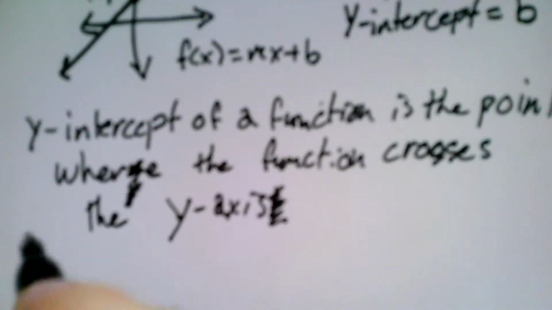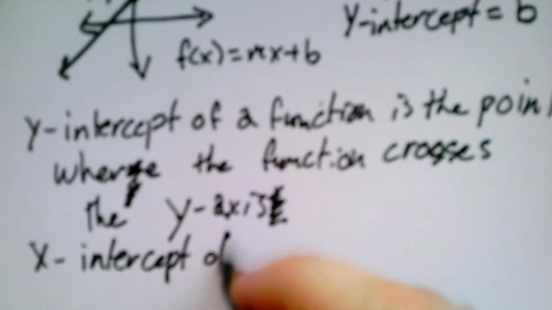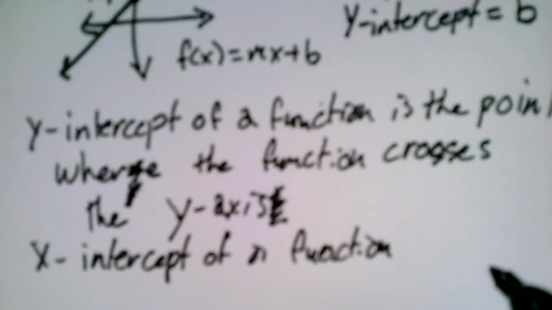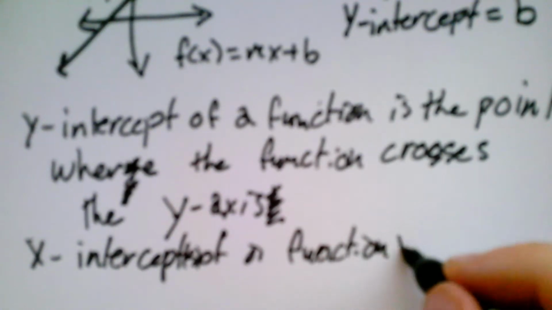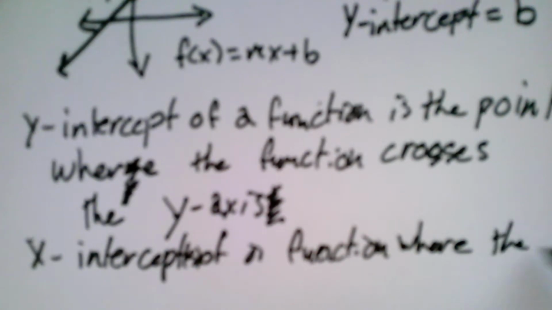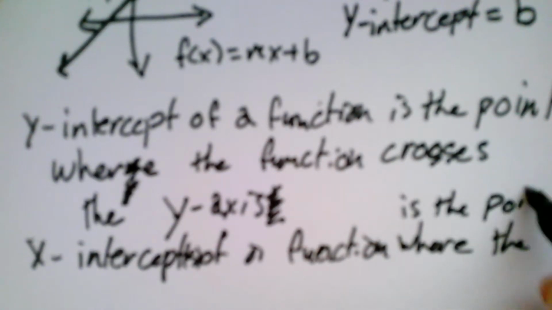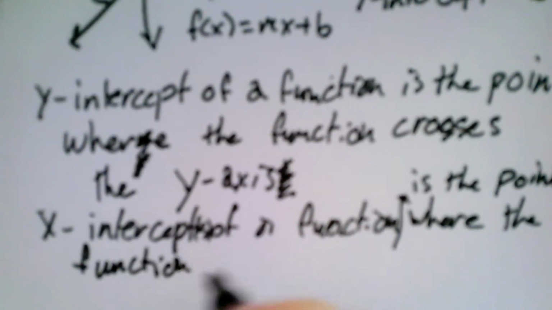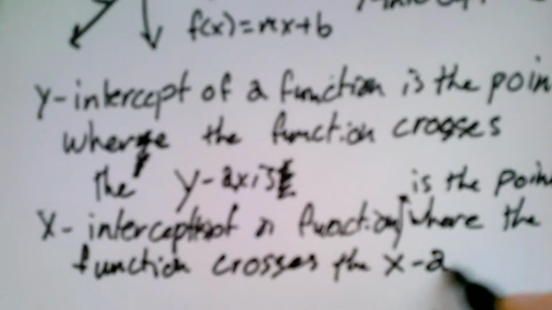So, analogously, the x-intercept is the point or points, because you can have more than one x-intercept on a function, where the function crosses the x-axis.